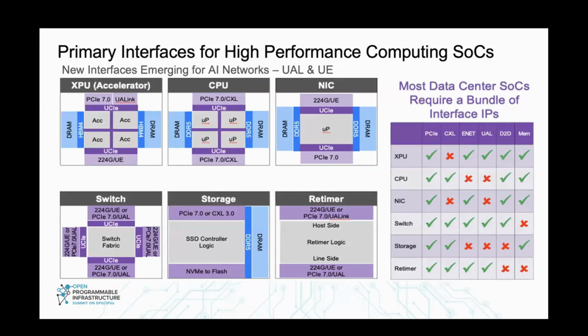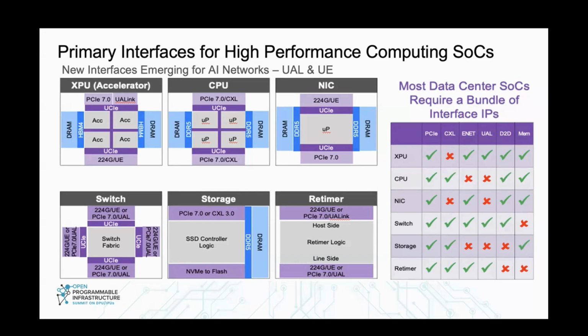If you look at the high performance computing domain, there are 6 primary functions in the SoCs: accelerators, CPUs, NIC, switches, storage, and retimers. All these 6 primary functions need a bundle of different interface IPs. If you look at the right side table, based on the specific functionality, we need a bunch of interfaces.